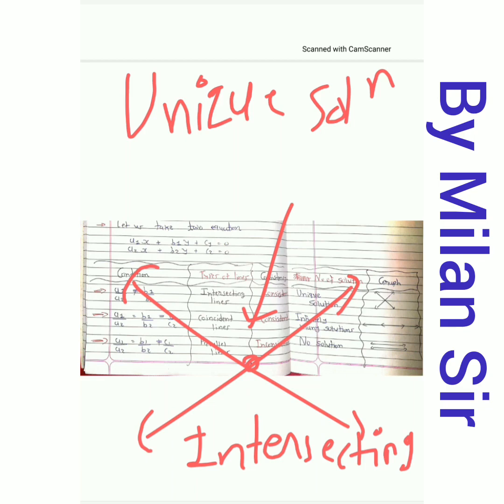And one more thing, consistency. Now what does consistency mean? If you can find the solution of the equations, then the equations are called consistent. If you cannot find the solution of the linear equations, they are inconsistent.